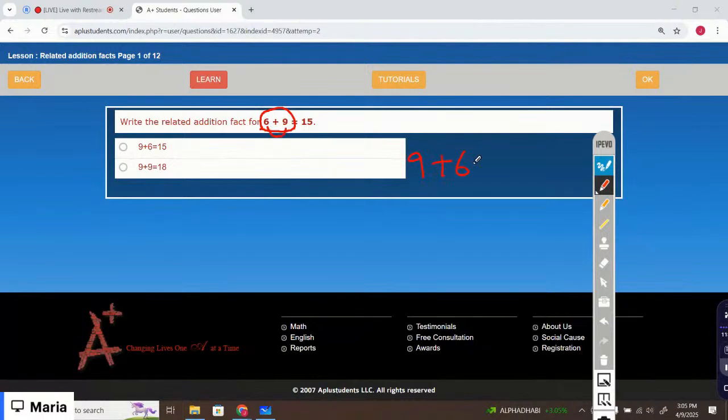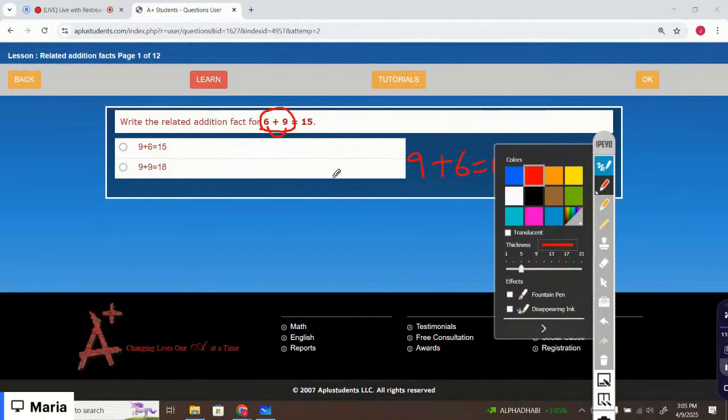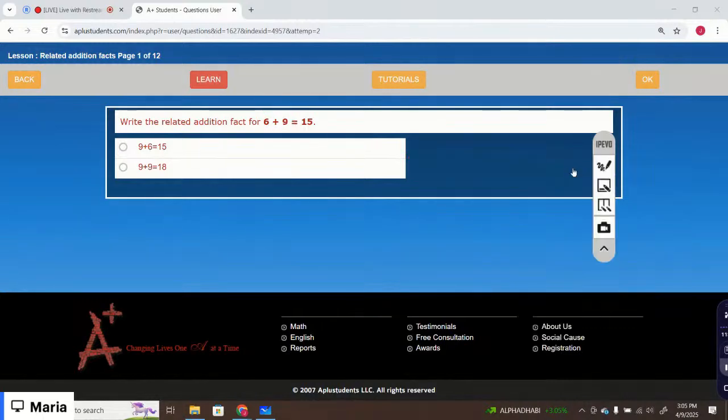So that would be 9 plus 6 equals 15. Option number 1 is the correct option.